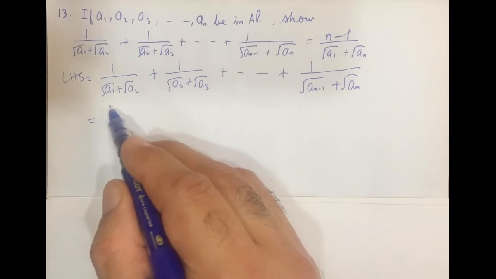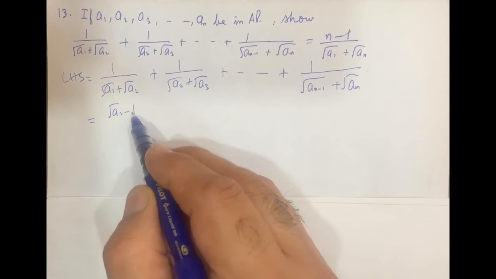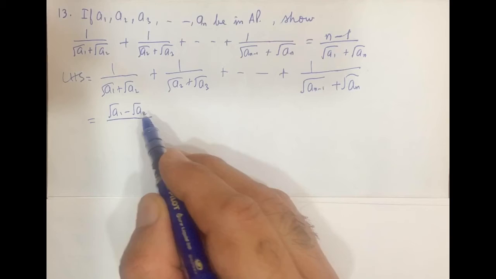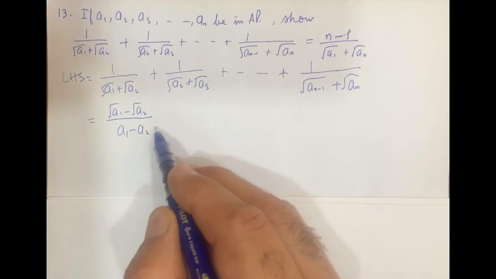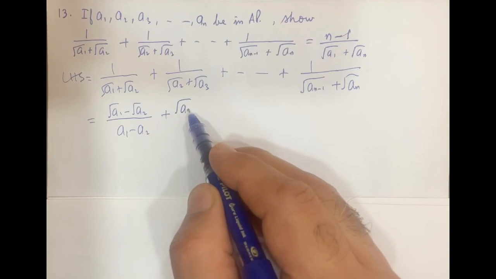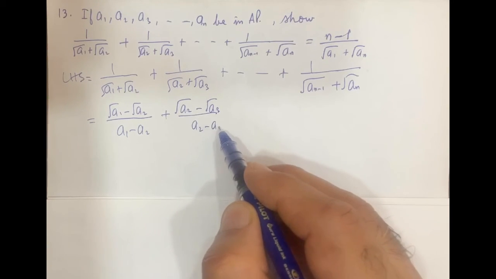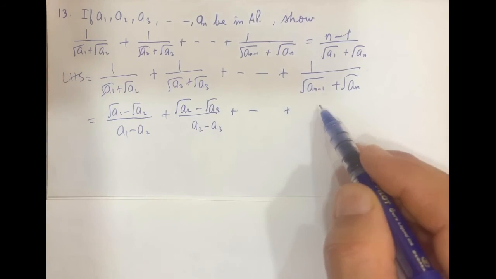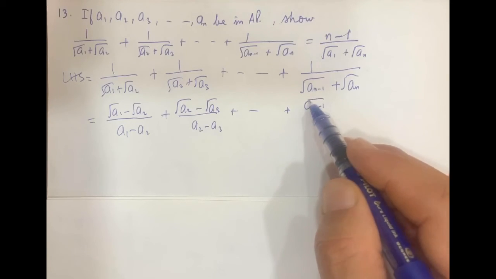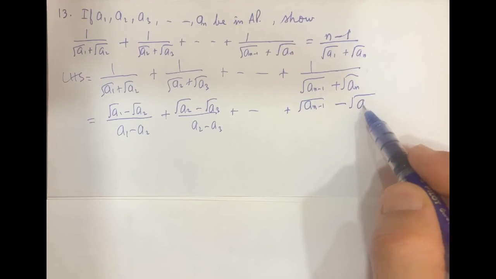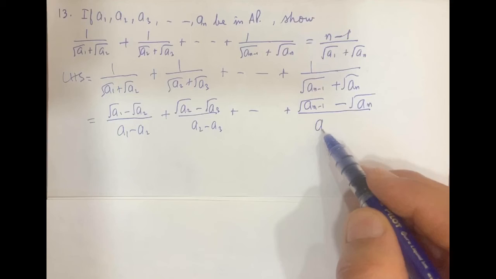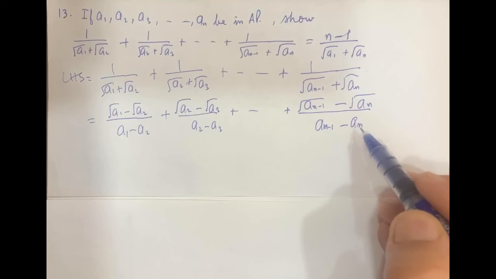We rationalize: root of a1 minus root of a2, so we will have a1 minus a2 here. Plus root of a2 minus root of a3, a2 minus a3, and so on. Root an minus 1 minus root of an upon an minus 1 minus an.